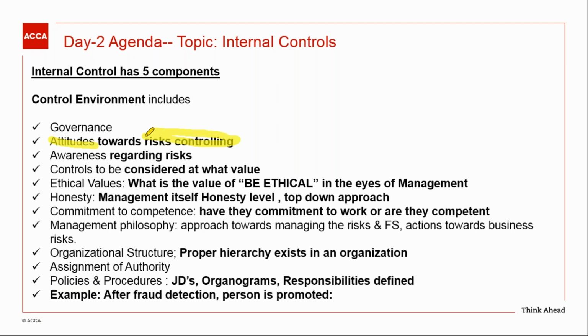If your organization has strong internal controls, it means your management's attitude towards risk controlling is very positive. If your organization's internal controls are weak, it means your management's attitude towards risk controlling is not positive.